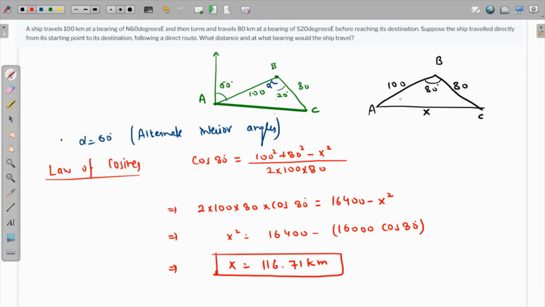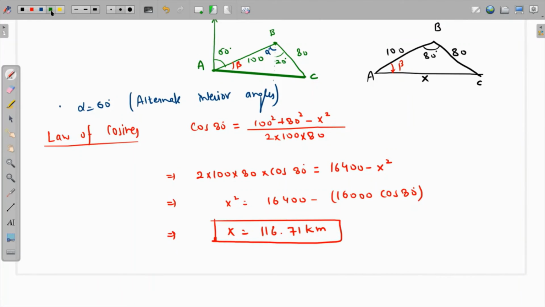And for the angle, let's find this angle beta. If we want to find the angle beta, I'm going to use the law of sines over here. So in the law of sines, this is one opposite pair which I'm going to take because beta is unknown.